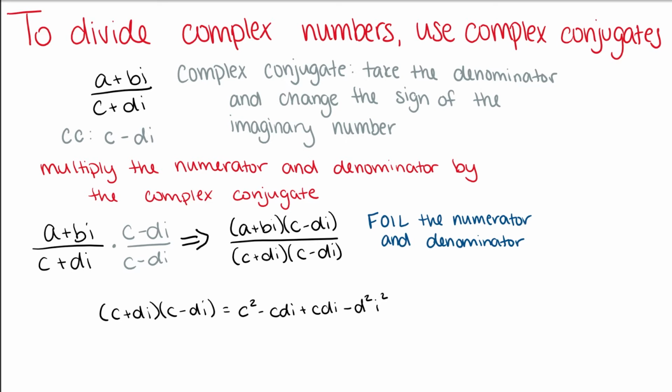Negative cdi and positive cdi will cancel. And i squared is equal to -1, which means negative d squared times -1 becomes positive d squared. So our denominator actually becomes c squared plus d squared, and now we've gotten rid of our square root in the denominator of our fraction, and we can simplify this.